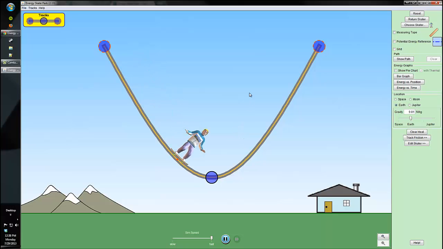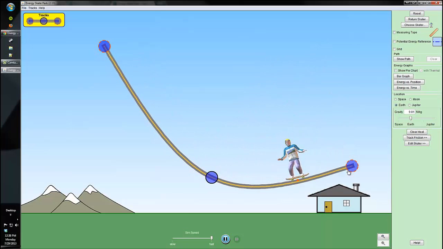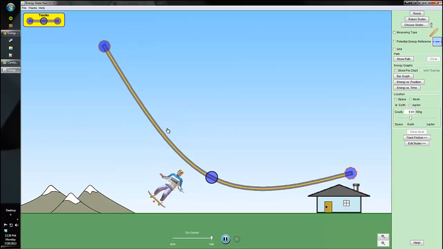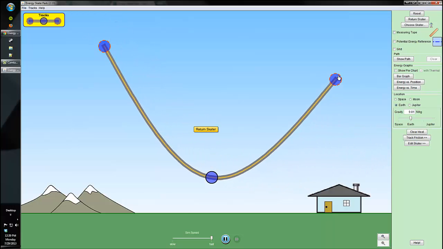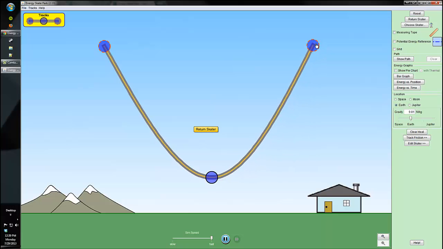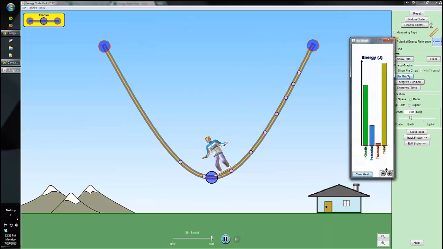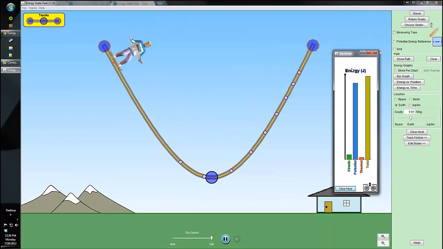So you can do formal labs with this, but it's more along the lines of, hey, notice how the skater moves away, but if you put the track so it's exactly the same height, the skater will never leave. And it's this idea of potential energy. What's great about this is the graphs.